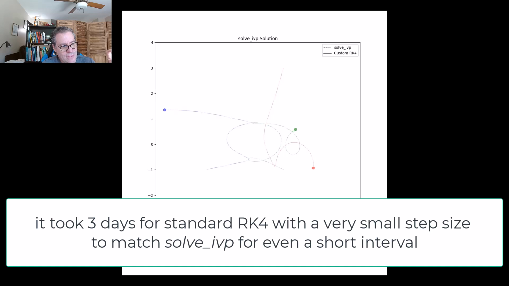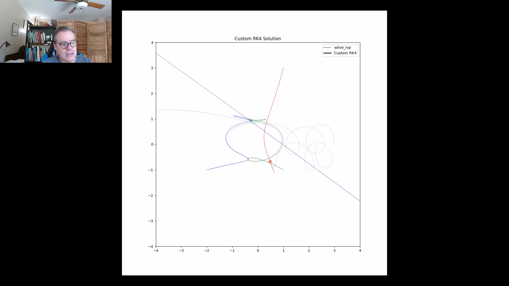First, here we see the plot using solve IVP, the more accurate integrator that has the adaptive step size. And then following that, we see a plot of the trajectories of the three bodies based only on the classic RK4 integration with a fixed step size, what I called my custom RK4 implementation, as I'd written and demonstrated in the Python code that I had on Trinket.